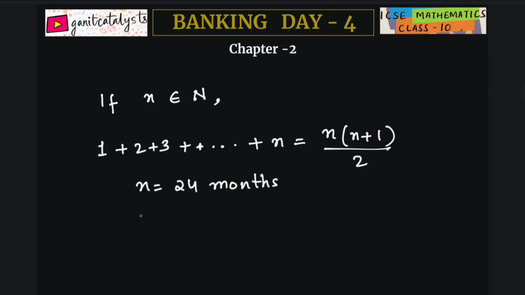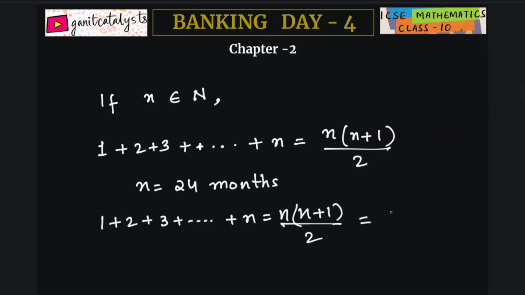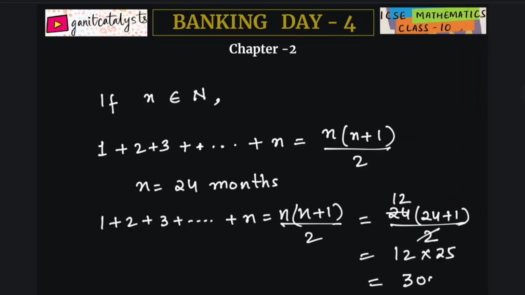Then 1 plus 2 plus 3 up to N is equal to N into N plus 1 by 2, which is 24 into 24 plus 1 by 2. So it is equal to 12 into 25, which is equal to 300.